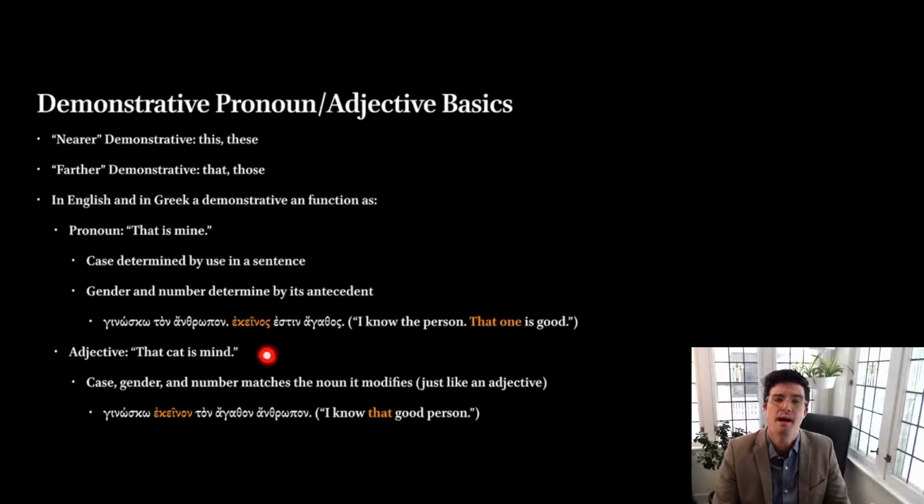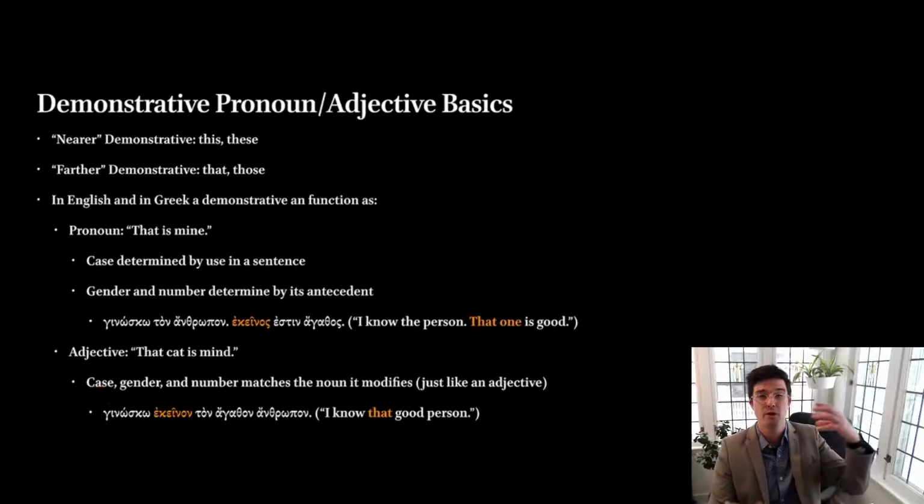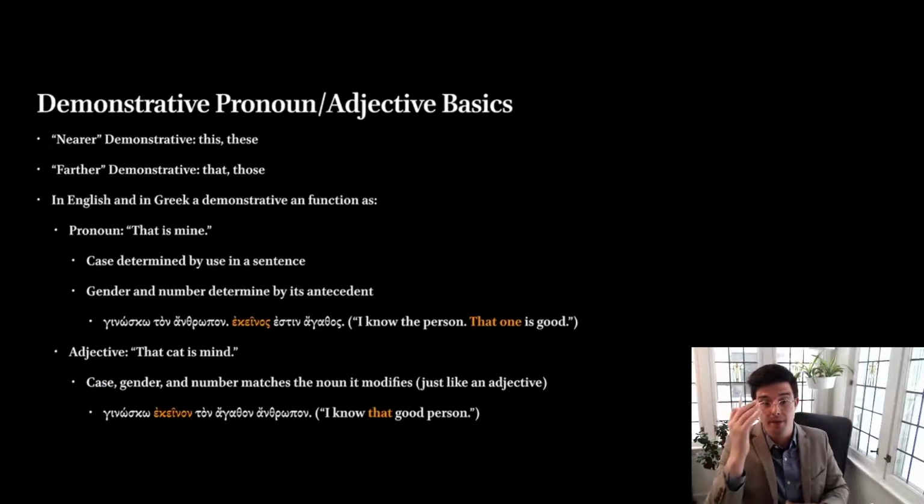And then when a Greek demonstrative is an adjective, it's going to match the noun that it's modifying in case, gender, and number. So all three will match up. There won't be a difference of case because the demonstrative adjective is going very closely with the noun that it's modifying. So another example here that's similar to the one I just gave. Ginōskō ekeinon ton agathon anthrōpon.